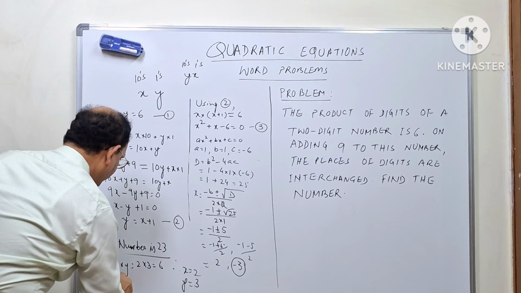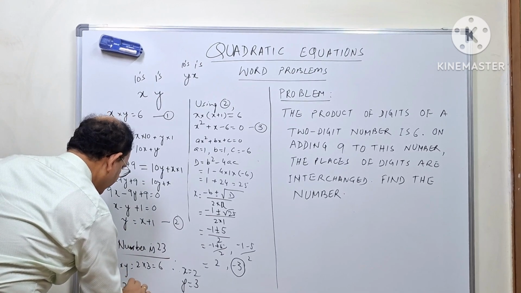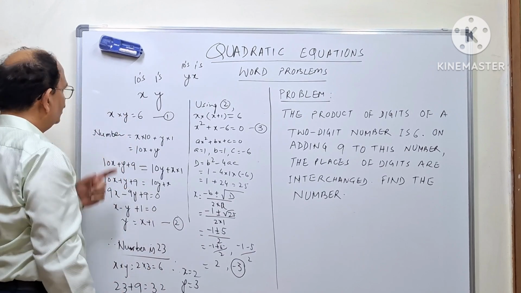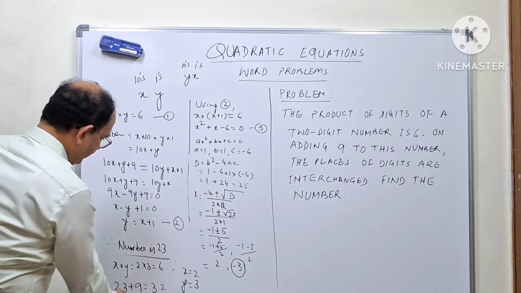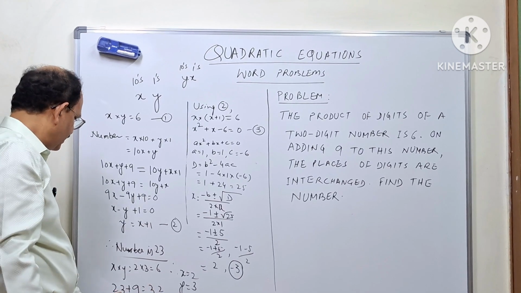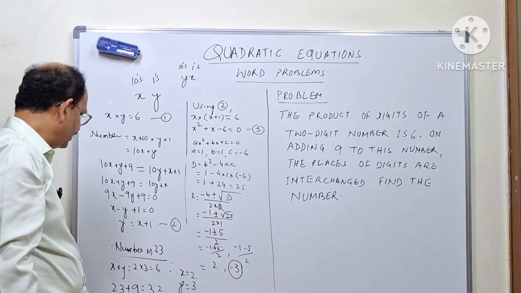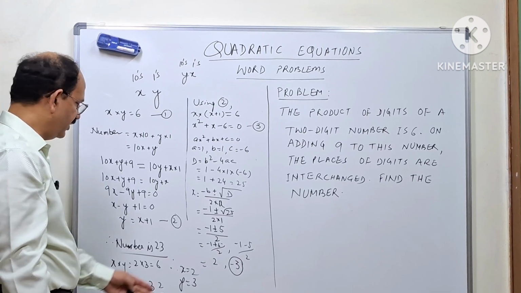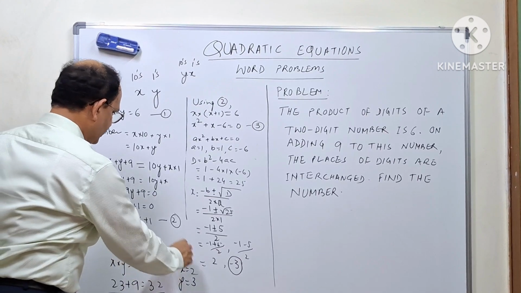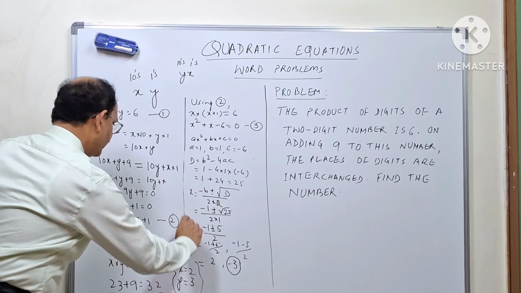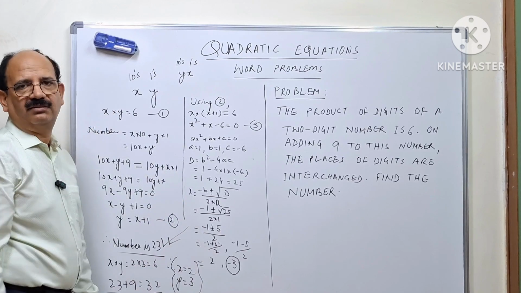So I add 9 to 23, and it becomes 32. So my original number was 23, and after adding it becomes 32. It means these two digits are interchanging positions, which is also correct. And therefore, this solution is correct: x is 2, y is 3, and therefore the number is 23.